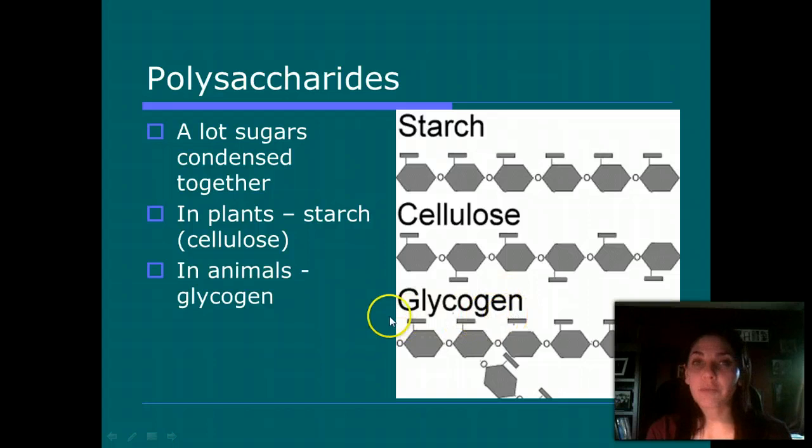Glycogen is a very important polysaccharide for us, for animals. So polysaccharides that we store in our bodies are called glycogen. And one thing I want to make sure you keep in mind is that polysaccharides in humans, the glycogen, is actually our short-term energy storage.